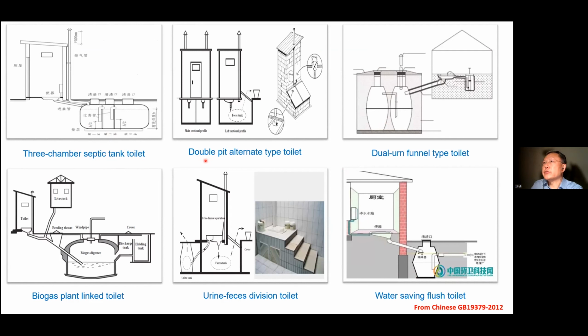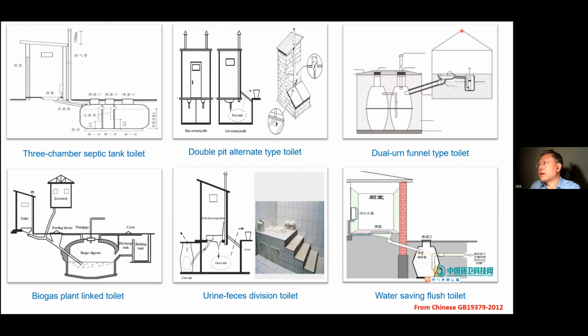And we have the double pit alternate type toilet. We also have the dual vault funnel type toilet. This is similar to the septic tank, only with two prefabricated vaults used for black water.